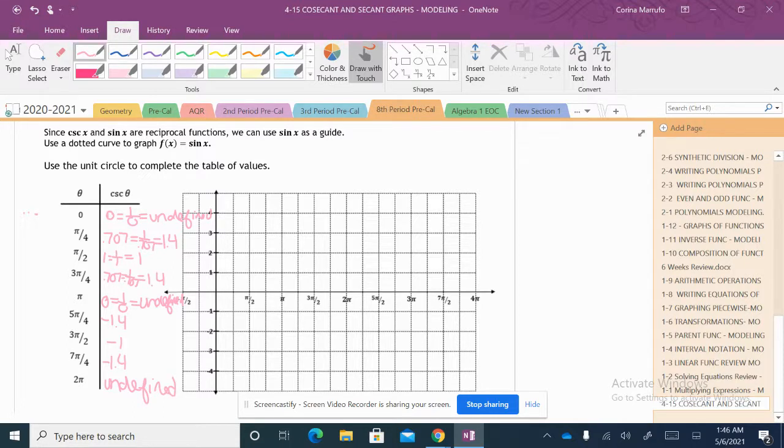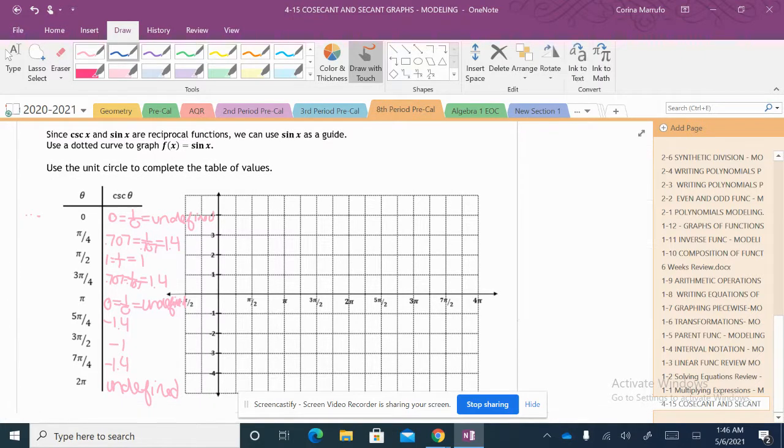All right, so this is how you graph it, starting with the sine function. Remember, sine starts right here at 0, 0. And then it goes up, comes back down, goes back up, comes back down, and then back up. And we're just going to make a dotted function.